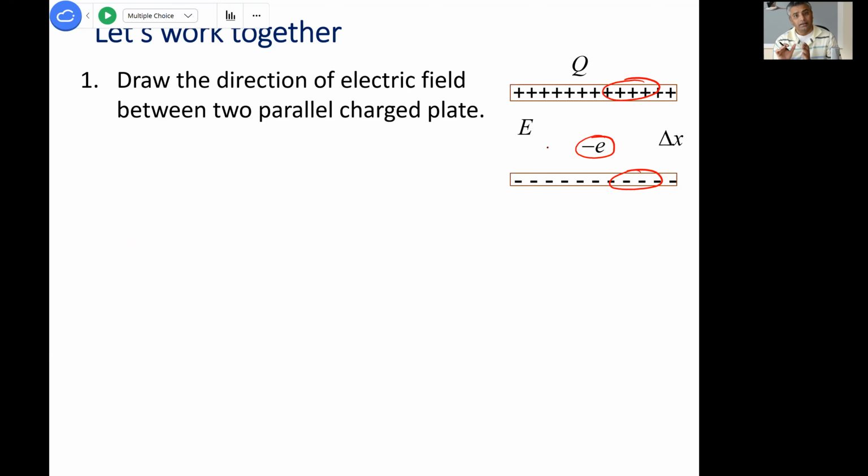Now we have a negative charge, so how is the situation going to change? It says to draw the direction of the electric field between two parallel charged plates. What's the direction of the electric field? Is it still the same or is it up? What do you think? We are talking about the electric field, not force here.